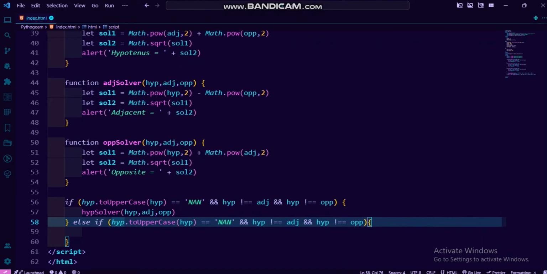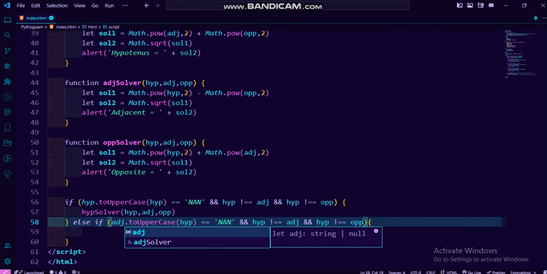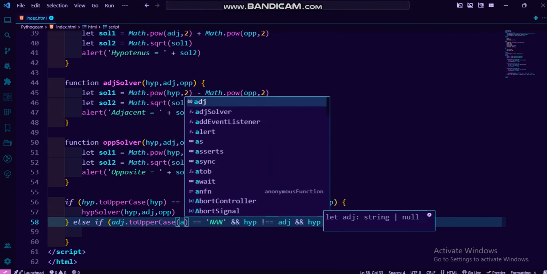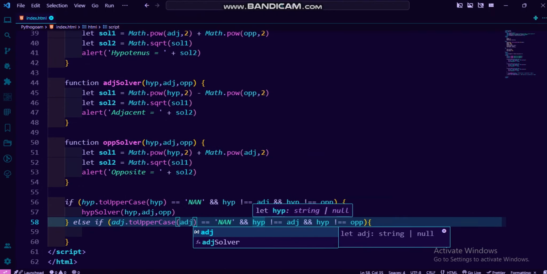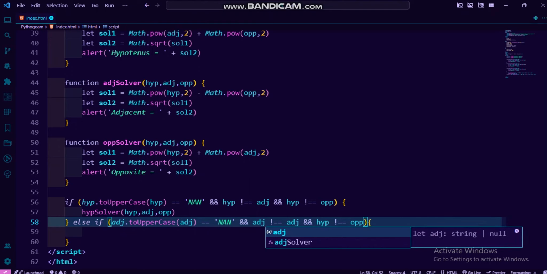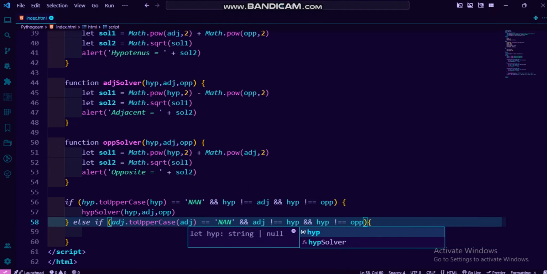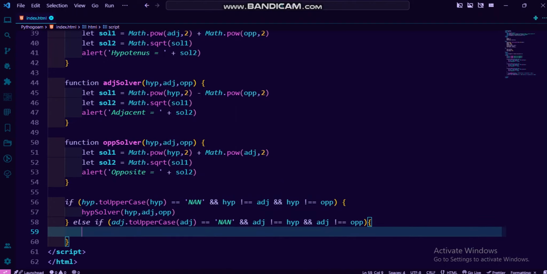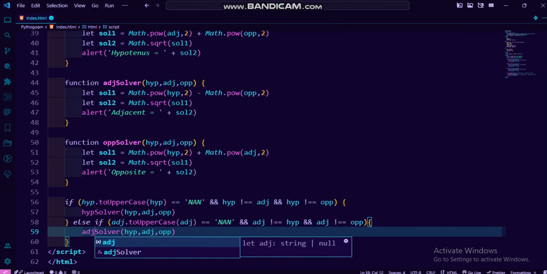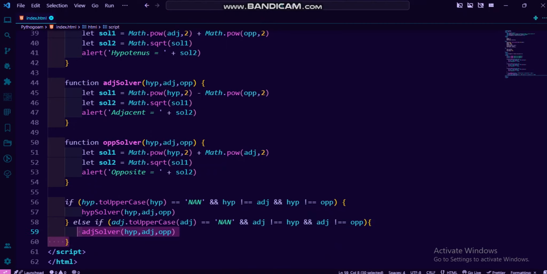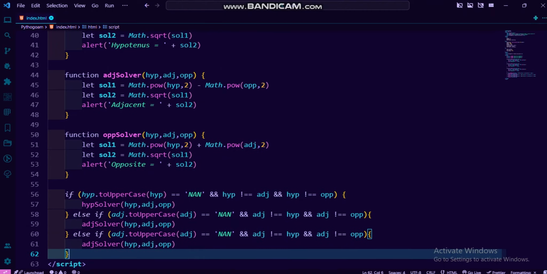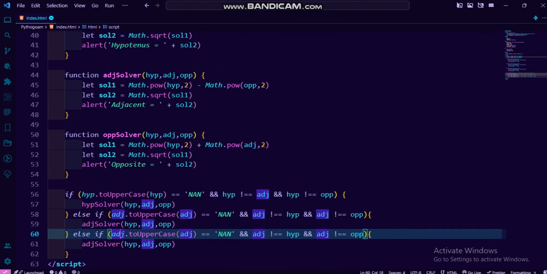Then change adjacent. So I'm also going to be solving for the opposite. So this is going to be opposite.